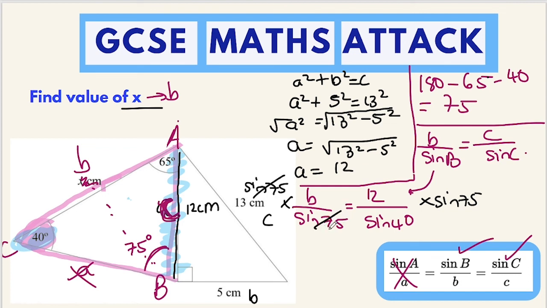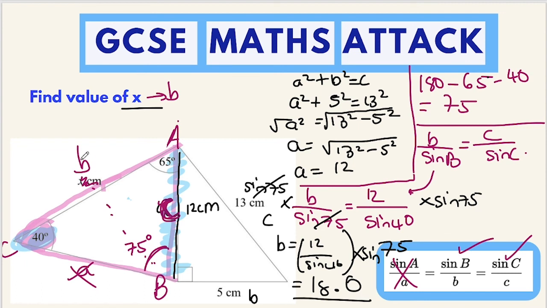Those two cancel out. I'm left with b equals 12 over sine 40 times sine 75. And if I place that in my calculator, I will get the value of 18.0. So this length over here becomes 18.